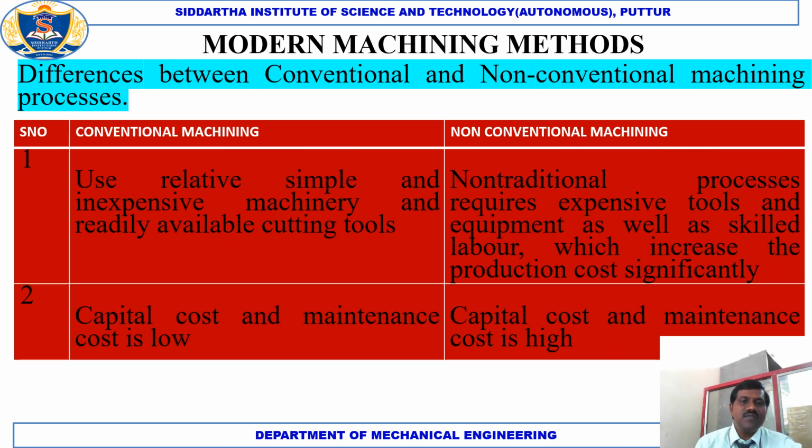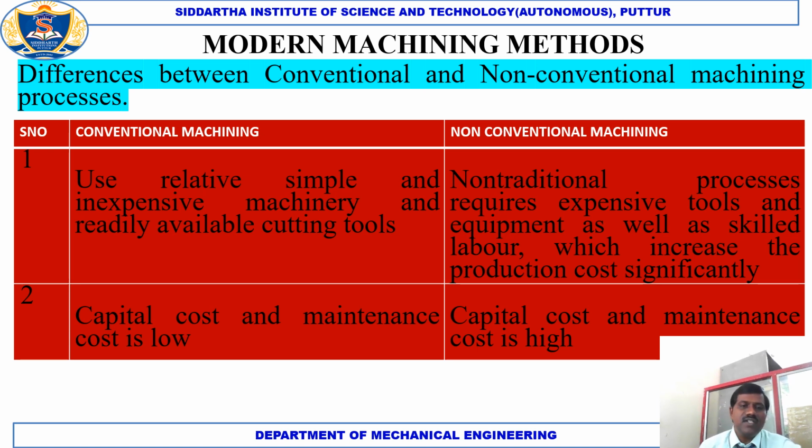The conventional machining process uses relatively simple and inexpensive machinery and readily available cutting tools. So whatever machines we use in case of machine tools in this conventional machining process are inexpensive machinery and readily available cutting tools. But the non-conventional machining process or modern machining methods require expensive tools and equipment as well as skilled labor, which increases the production cost significantly.